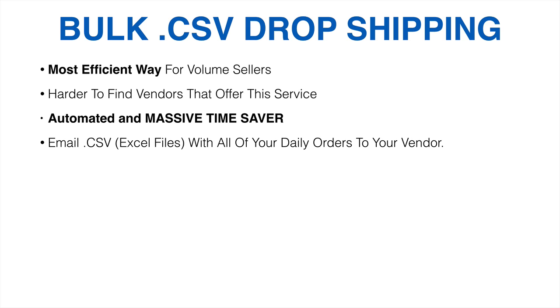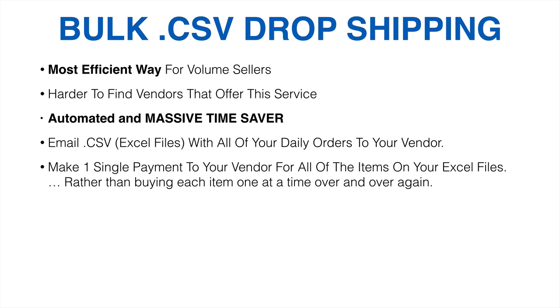And then when I wake up in the morning, I send it to my vendor, my contact at AliExpress. They send me a bill. I pay it, they ship everything out and give me tracking numbers. It is a beautiful thing. It's just so amazing to be able to do this. And the great thing is it's very organized. I'm making one single payment to my vendor for all of the items on the Excel files.